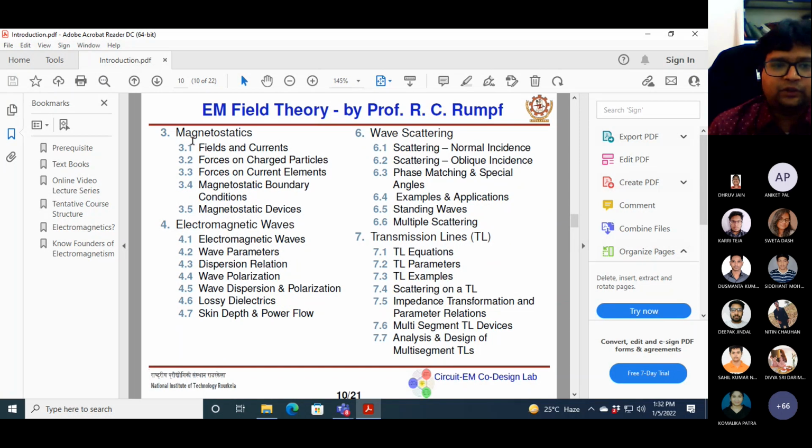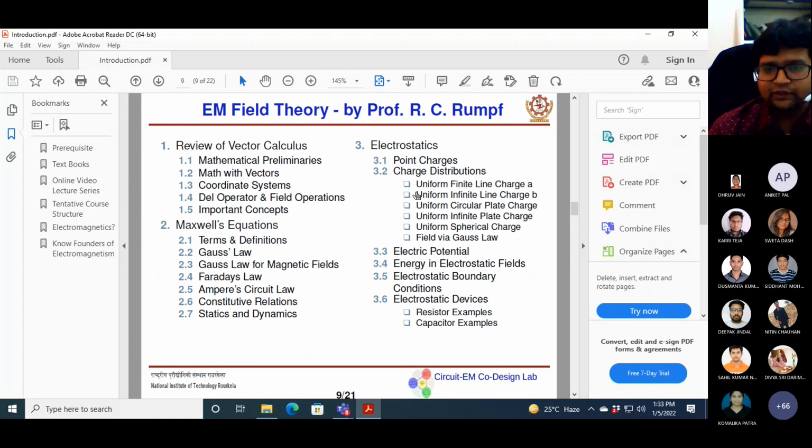Then we will discuss magnetostatics: how static magnetic fields are formed from the flow of current, or movement of charge. Charge creates an electrostatic field. If you have a standing charge, it will create an electric field around it. That is static, not dynamic; it is not varying with respect to time.